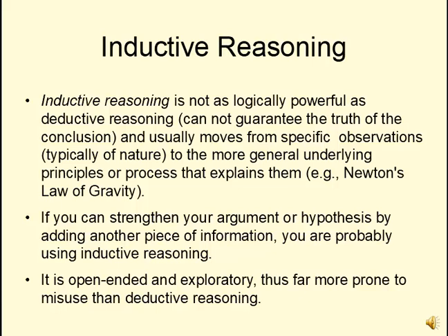So Newton goes from these very specific observations of nature and says there is some general process or principle that underlies these patterns. And this process is something that I can explain, study, and observe, and get a better understanding of. That's where he comes up with his understanding of this process, and he calls it gravity, and says that gravity works in certain ways, and so on and so forth.